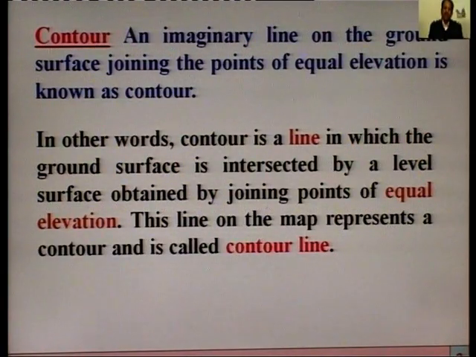This line on the map represents a contour and is called a contour line. So, you have understood the meaning of contour: an imaginary line which has every point of equal reduced level or elevation.